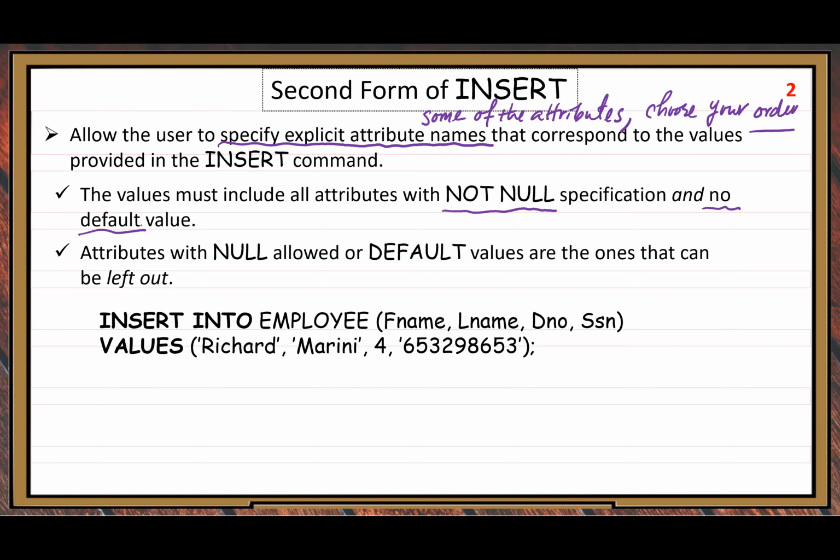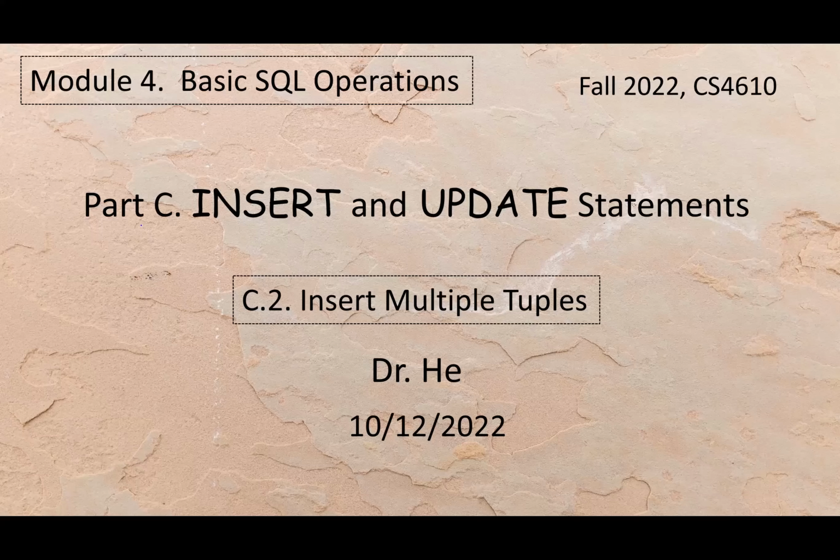Then let's look at a few more versions. C.2, insert multiple tuples. If every time we just insert one single row, it won't be efficient.